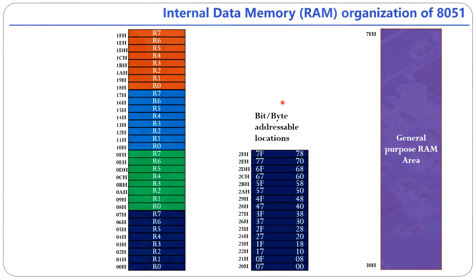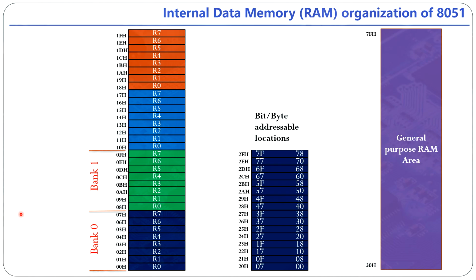So now we will see in detail how to divide these things. First of all, we can see here this is bank 0. This area is called register bank 0. The location of this bank is 00H to 07H. Okay, these are hexadecimal values.